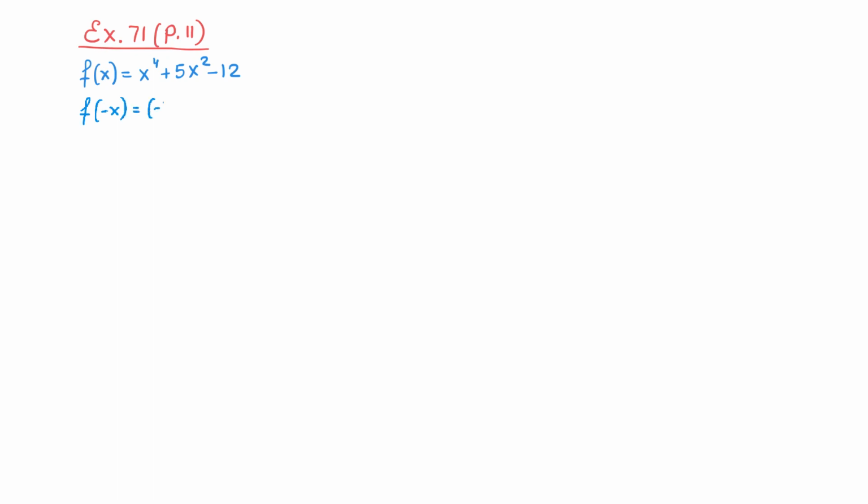That will give us negative x to the power of 4 plus 5 times negative x to the power of 2 minus 12. Then f of negative x equals positive x to the power of 4 plus 5x to the power of 2 minus 12.